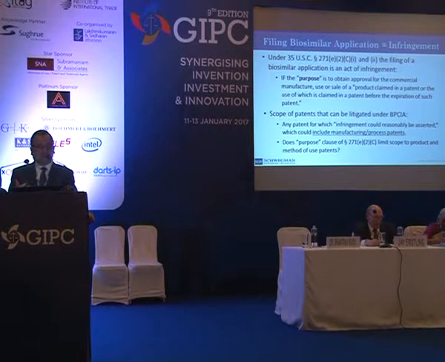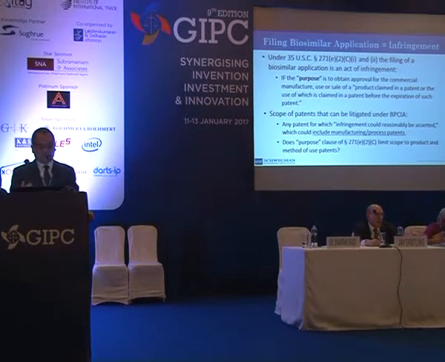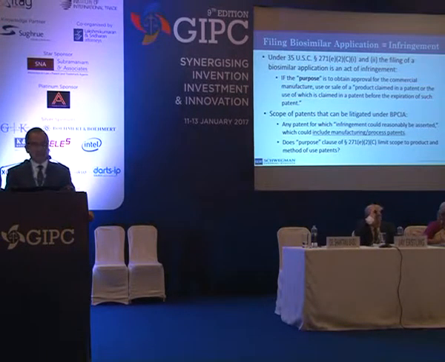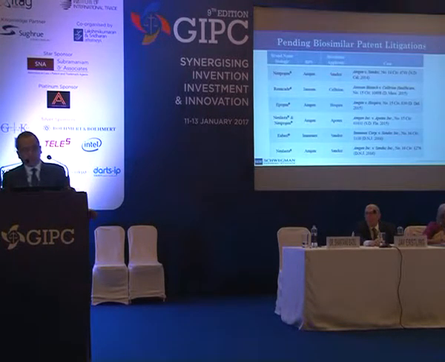Now you can add the method of manufacture patents, like Hatch-Waxman, but there's a purpose clause in there. Does the purpose clause limit what kind of patents you could assert? Because it says manufacture, use, or sale, so the composition and method of use are there, but method of manufacture may or may not quite be there, so there's some controversy as to whether the purpose clause affects the scope of what you can sue on. Not been decided yet, not interpreted yet.